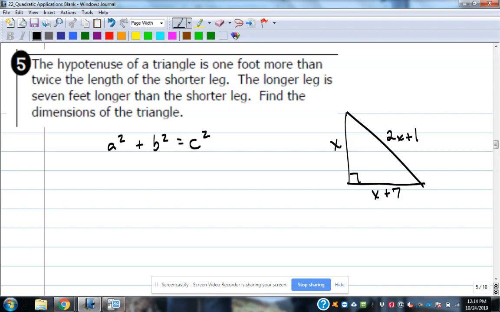Always. So I'm going to set that up. I got x squared plus (x plus 7) squared equals (2x plus 1) squared. We're using the Pythagorean theorem here because we have a right triangle. Now, what do I do now? Multiply all that stuff out.